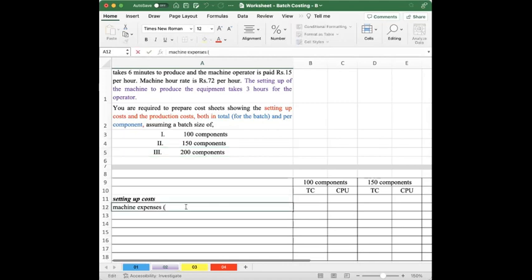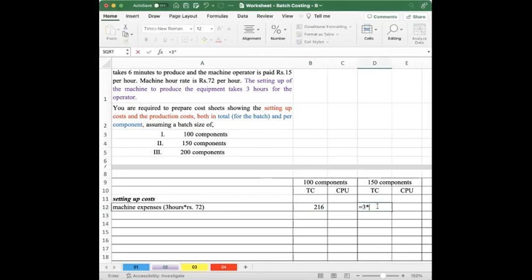Therefore, it's 3 hours into 72 rupees. So that will be how much? 3 times 72 is 216.